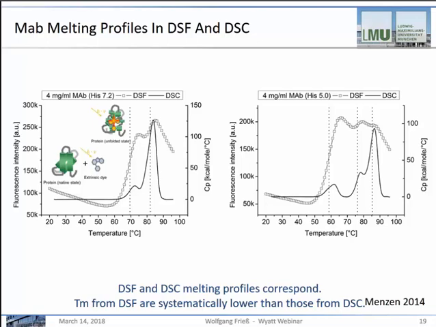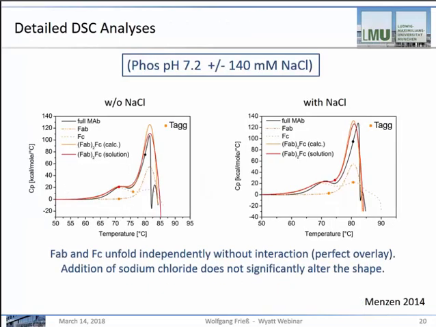They don't just go by the energy, the DSC, and the exposure of the hydrophobic sites, DSF. It is something different. And when we look at the TM of DSF, the values are systematically lower than those from DSC. When you do a more detailed DSC analysis and generate the Fab and the Fc part of the antibody separately, you can learn more about the molecule.